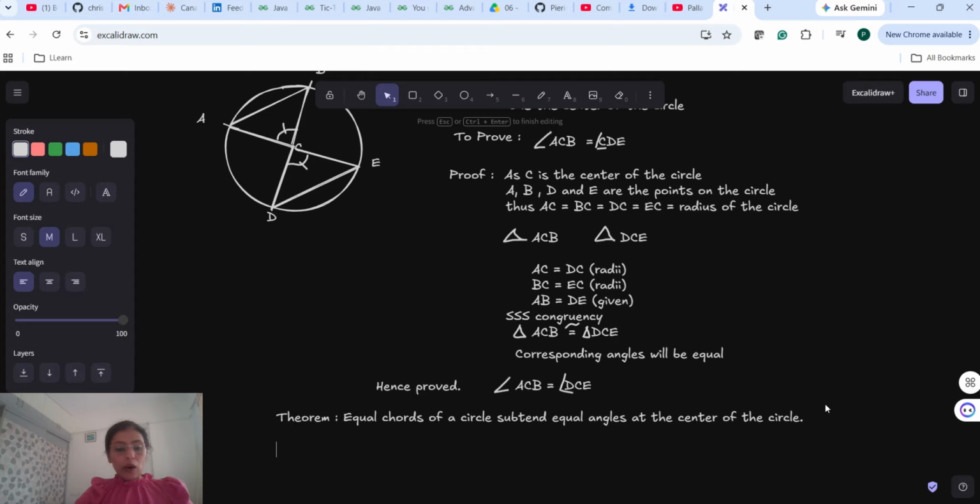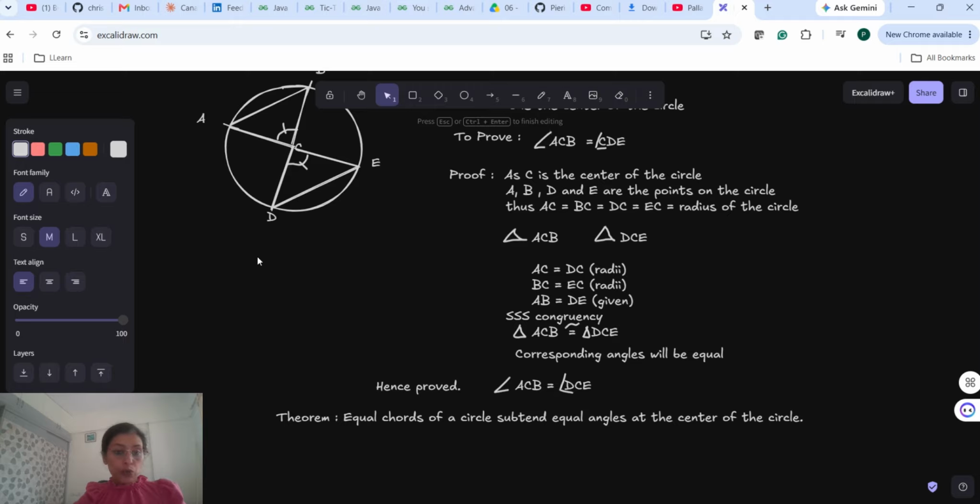So now whenever we prove any theorem, right, we also go back and see if the opposite of that theorem, the converse of that theorem, is also true or not, right? So what we were given here is, we were given these two chords are equal, right? And then we had to prove that they subtend equal angles at the center.